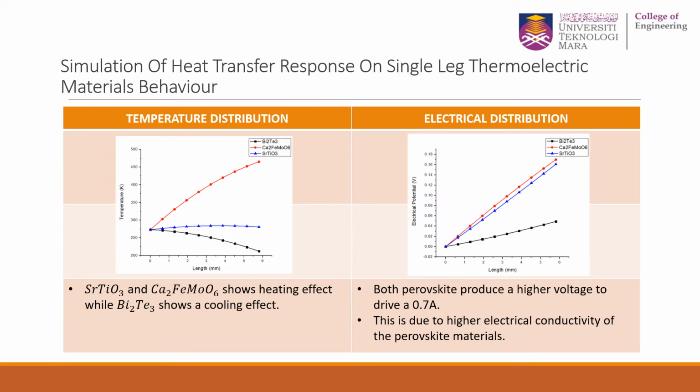For the temperature distribution, you can see that 2 of the perovskite material, SrTiO3 and CFMO, show a heating effect, while bismuth telluride shows a cooling effect. For the electrical distribution, both of the perovskite produce a high voltage to drive a 0.7 ampere. This is due to the higher electrical conductivity of the perovskite material.